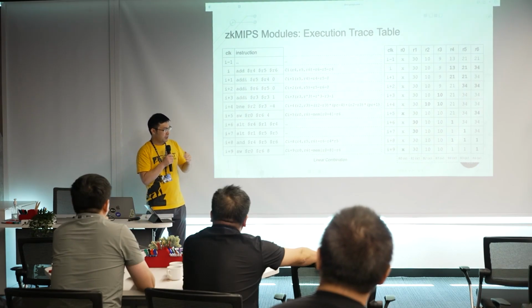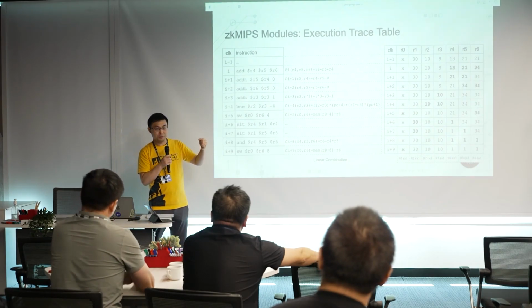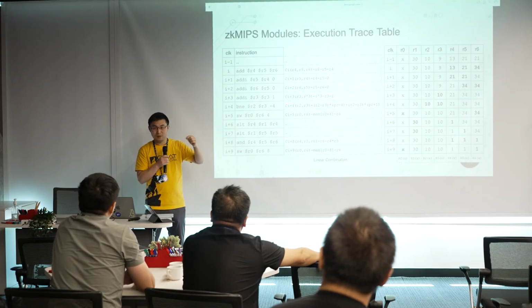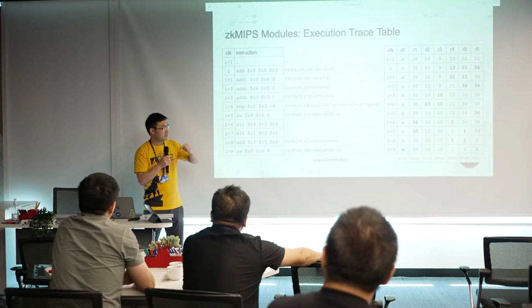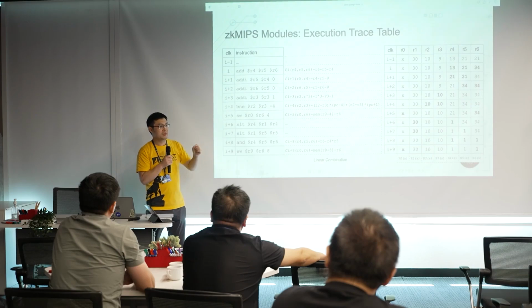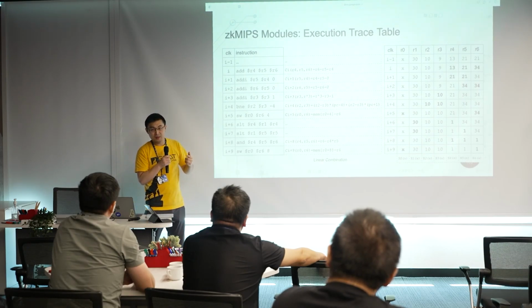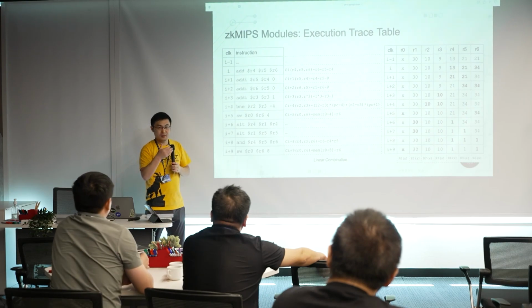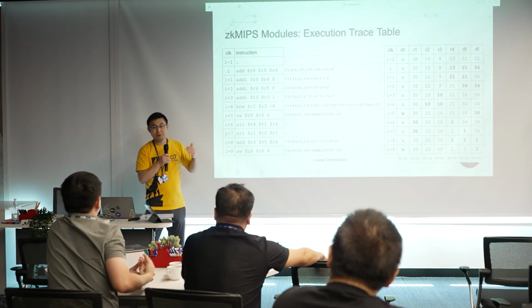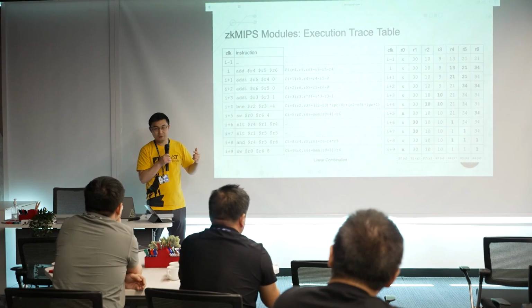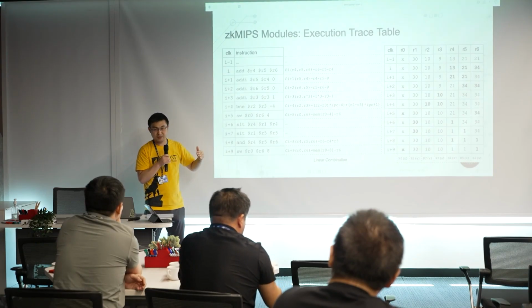So when we check the memory, basically we check that each address is incrementing. That means the address we use in the next step is bigger than the previous one, and then we apply the range proof to check that the value on that address is in some range.